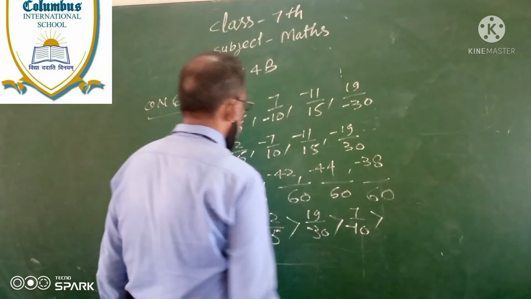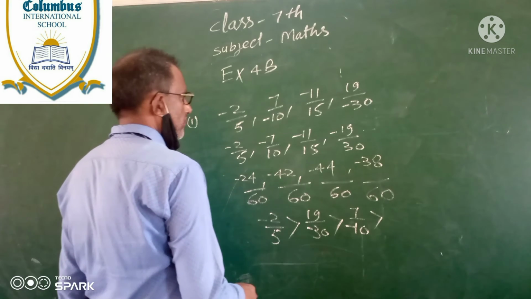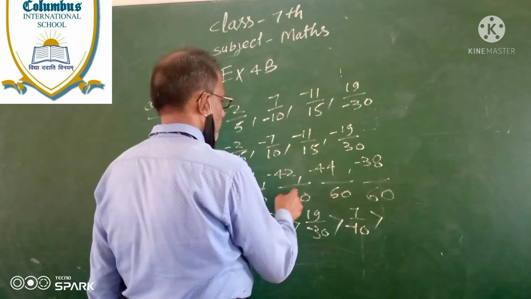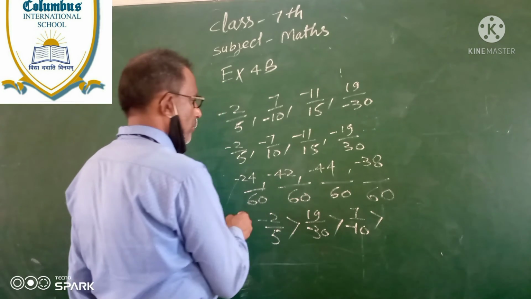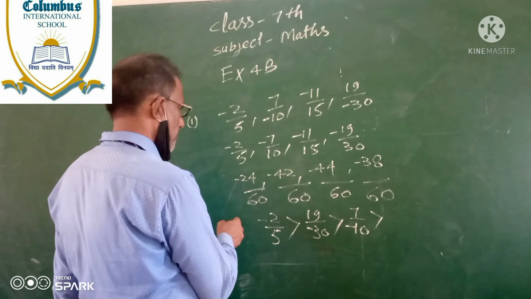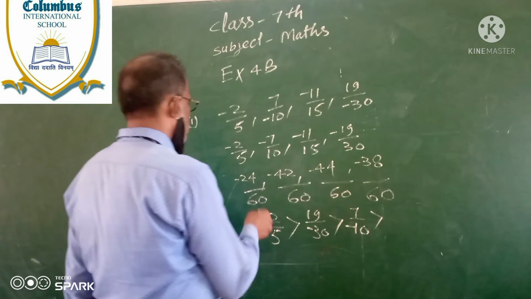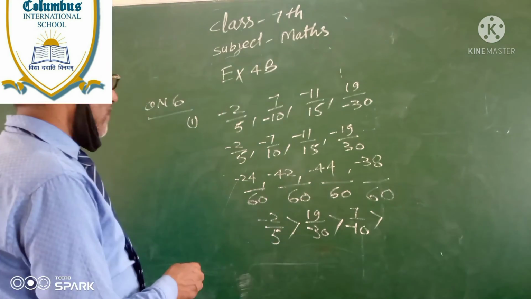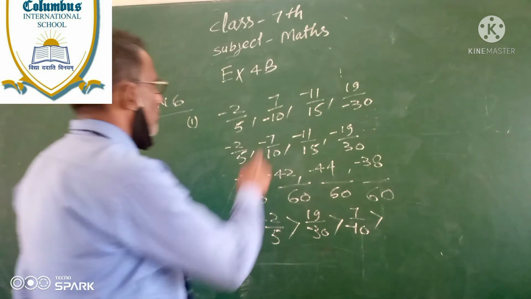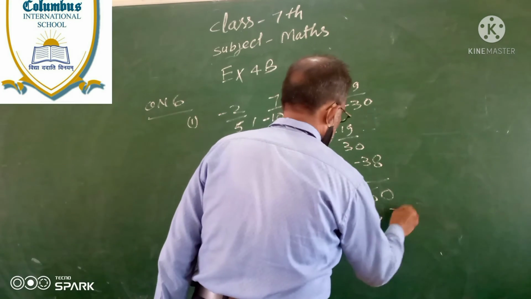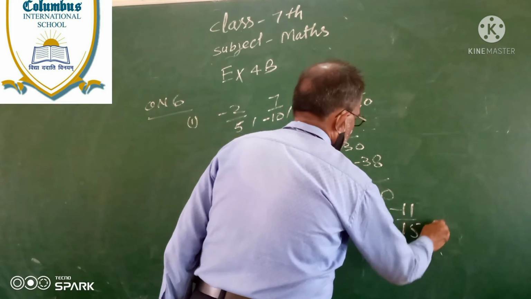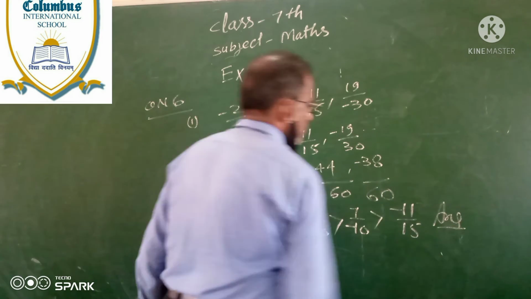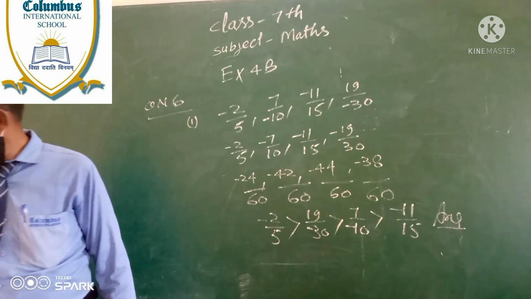And the least number is minus 44, minus 11 upon 15. It is the answer of the given question. Okay students.